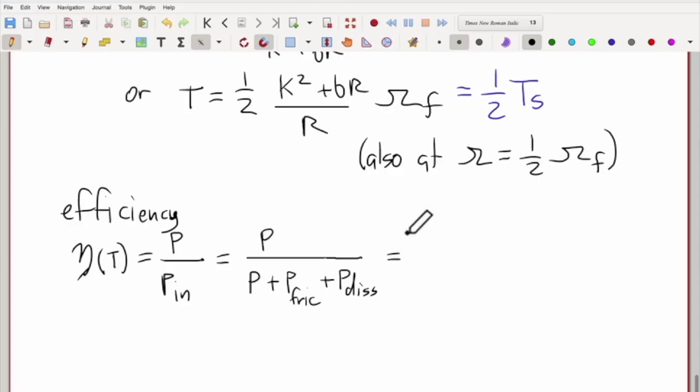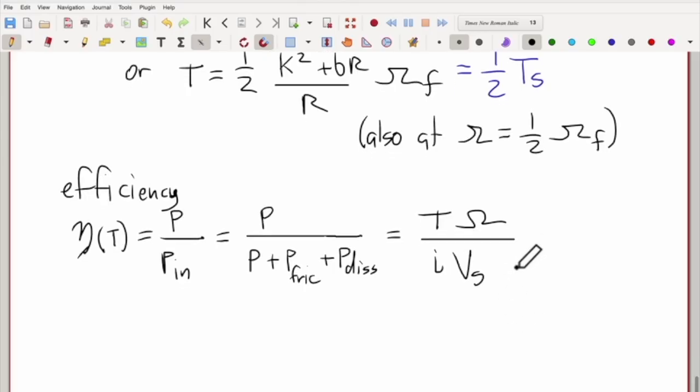And we can also use some of our equations to derive exactly what that is. I'm not going to write out exactly what it is because it is kind of complicated, but I'll provide the path to derive it if you really wanted to derive the equation yourself. The power out is equal to, again, T times omega. And the power in is equal to the electrical power in, which is the current going into the motor times this voltage source being applied to the motor.